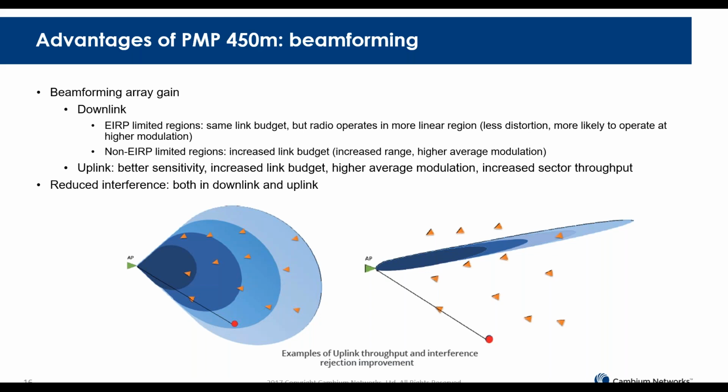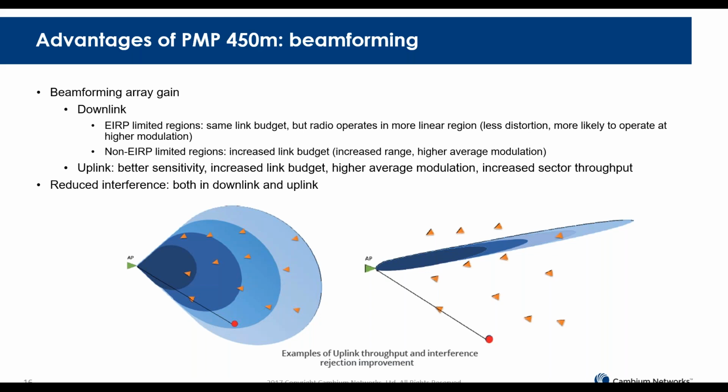In a beamforming mode, because we are forming a beam in just one specific direction, if the interferer is outside this direction, then its signal is rejected at the access point receiver, and this interferer is not really affecting the reception at the access point, which does not degrade the modulation that the subscriber can use in the uplink direction.